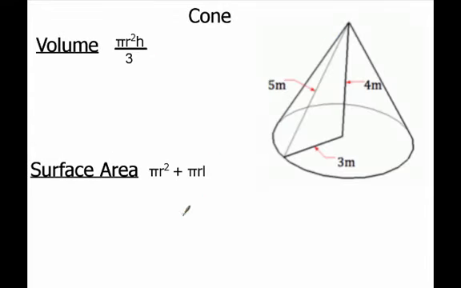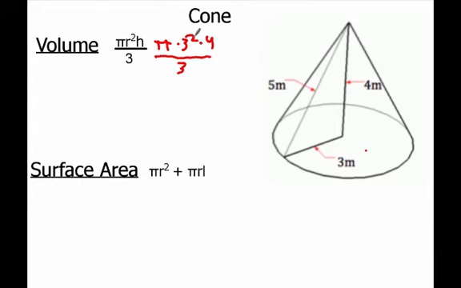So similarly to how we can think of a pyramid as having the volume of 1/3 of a cube, we can think of a cone as having the volume of 1/3 of a cylinder. So our formula works out to pi times the radius squared times the height, divided by 3 for the volume. So we look over here, our radius is 3, so this is pi times 3 squared times our height, which is 4, all divided by 3.